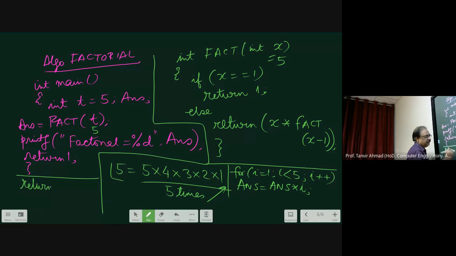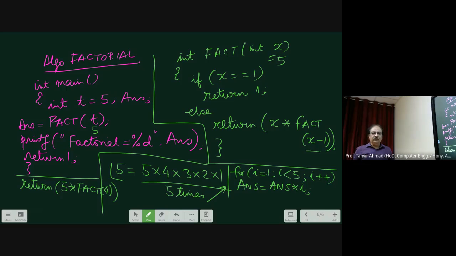Now try to analyze: it will become 5 into fact of 4, because x minus 1 will become 5 minus 1, and this will give you 4.